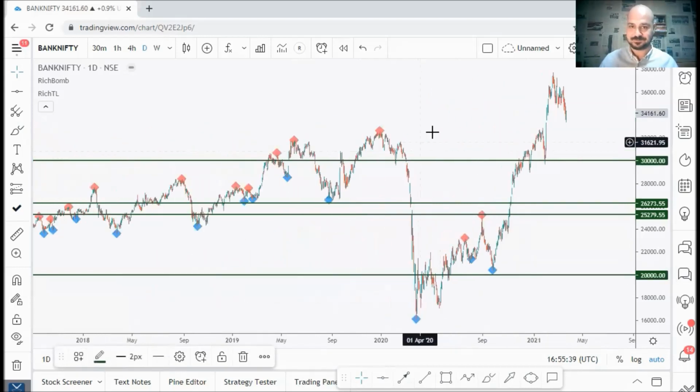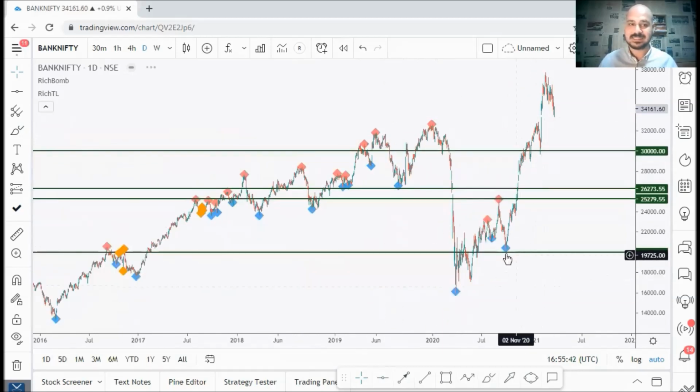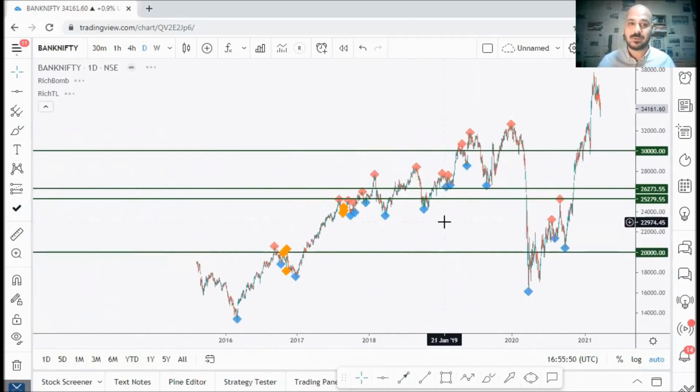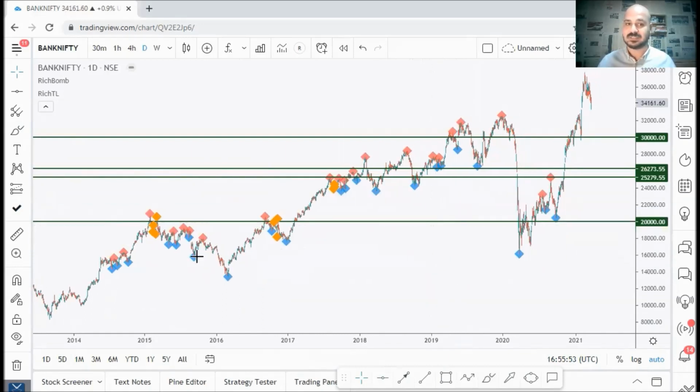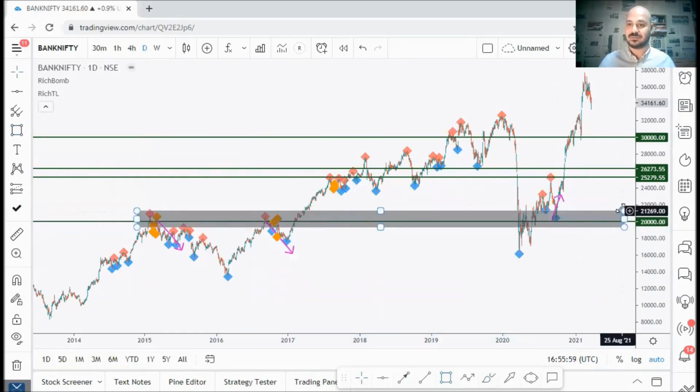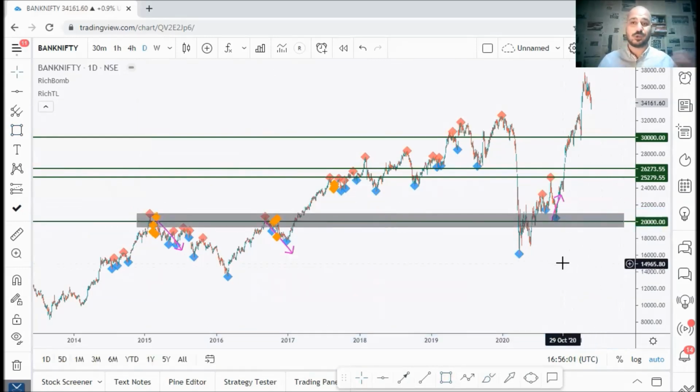And we can see that the 20K also is a strong support and resistance. It's not a typical one, but it makes sense, right? We've got many rejections from it. And of course, it's a zone and not a laser line, right? So we've got a support and resistance here, which also happens to be a very strong round number.